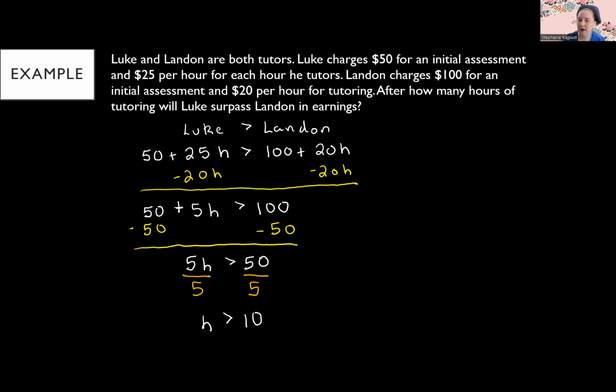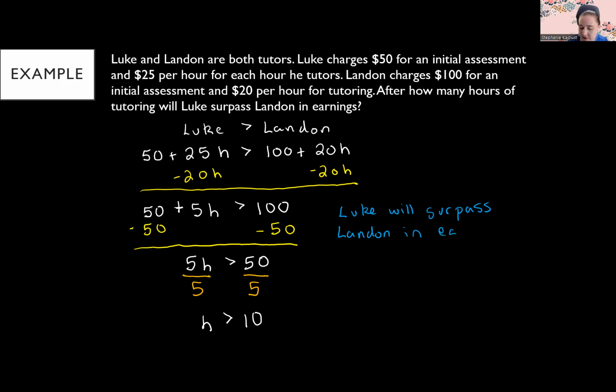So after how many hours of tutoring will Luke surpass Landon in earnings? That's going to be after 10 hours. And I have to say after 10 hours, I'm not going to say at 10 hours because it's greater than. So Luke will surpass Landon in earnings after 10 hours.